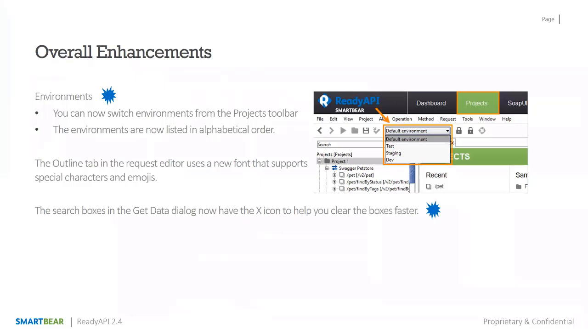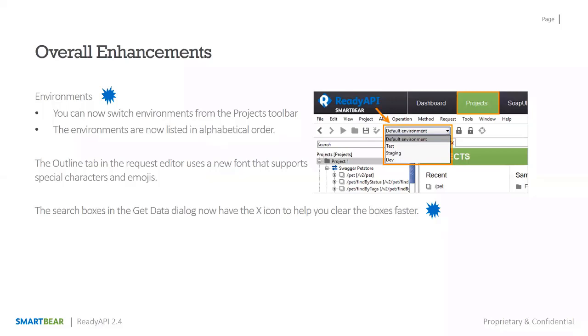We've also made some enhancements to the get data dialog box. Again, for those of you that don't know, this is a very powerful feature that will help you build end-to-end test cases and help you pass values from one response to the next request, or pull values from anywhere in your project.